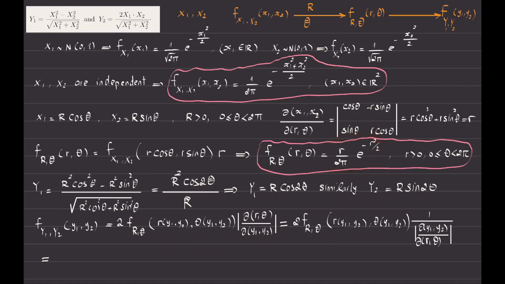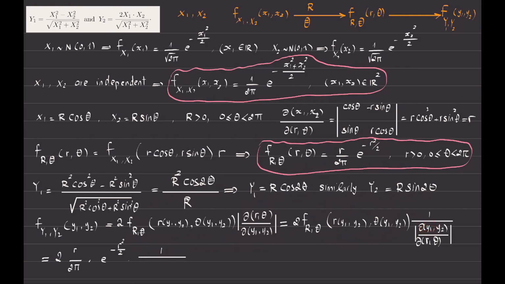So this becomes 2, and then I have r, which in this case is r of y1 and y2. But keep it in mind, don't write it up, not to mess up the situation. Times 2 pi, and then multiplied by e to the power of minus r squared over 2, multiplied by 1 over, now let us calculate the Jacobian.